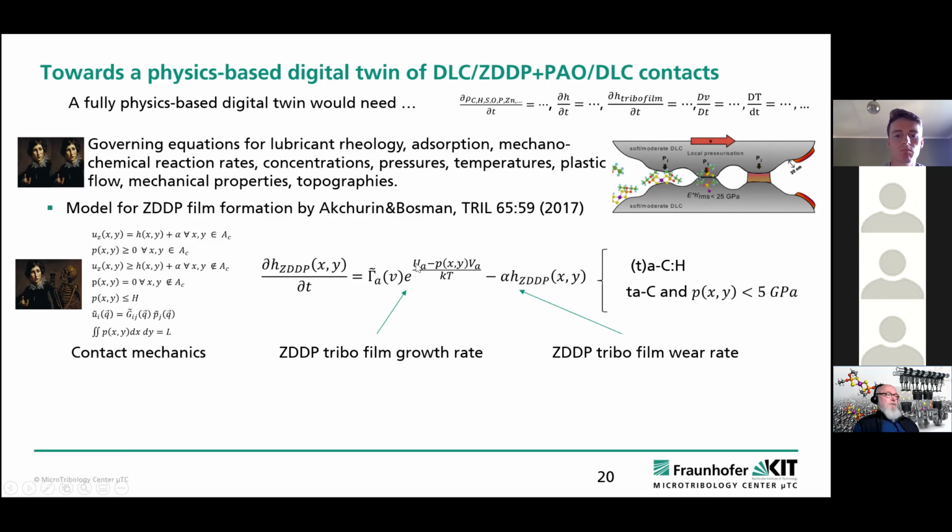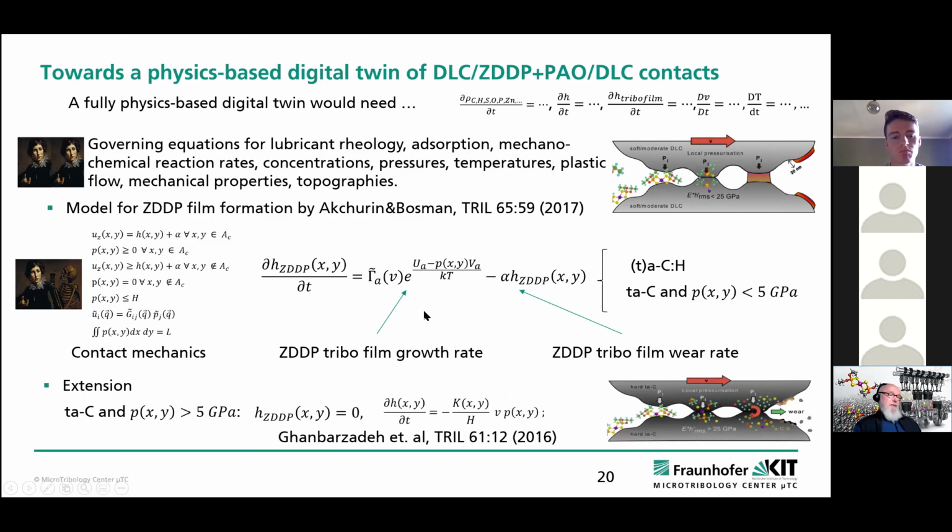And here a couple of parameters pop up, like activation energies, activation volumes, or some wear rates, which need some fitting. And you could hope that if you fit this, it might also work in some wind park, maybe. In our case, we have to extend this model for pressures larger than 5 gigapascal if you have a TAC coating.